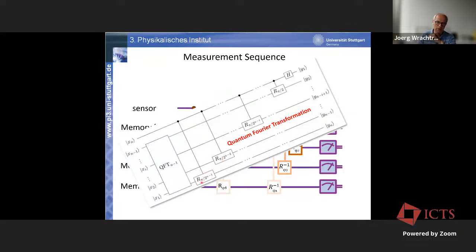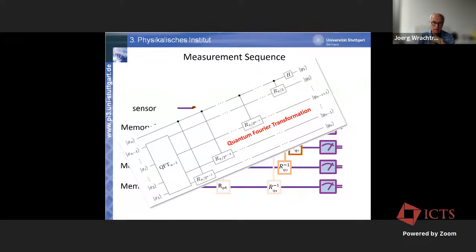This R, this pi over 2 to the power of n minus 1. This is exactly these different angles, phi1, phi2, phi3, phi4. And you apply this in a systematic way. And by this, you actually generate a Fourier transformation of an incoming signal or wave function.